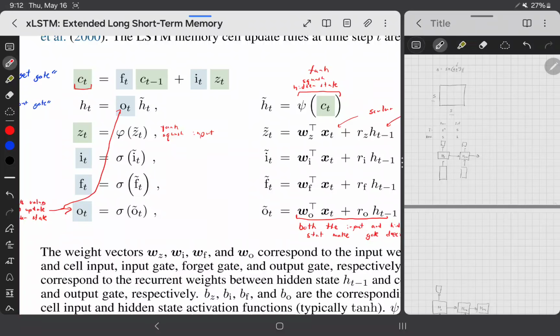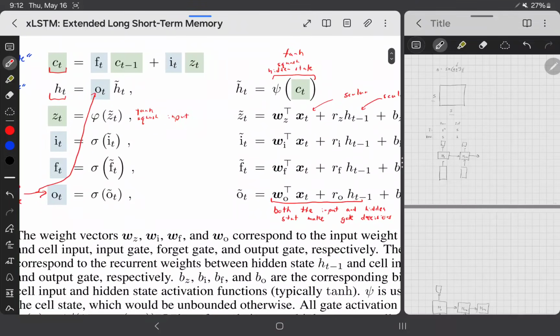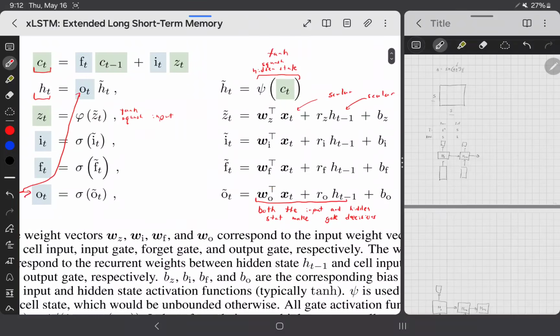It's the thing that's accumulating our information, and H of T, which is what you may expect to be the hidden state, is the information being sent to the next state, the information that the model directly uses, because you use this for your gates.